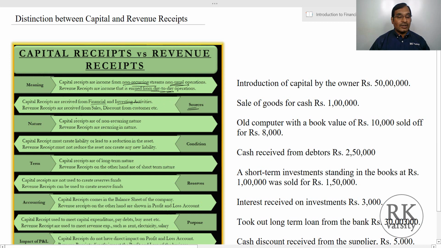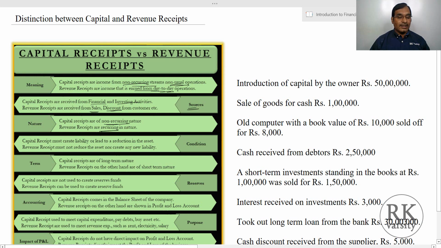Revenue receipts are received from sales, discounts received from customers, and commission received. These are all examples of revenue receipts. The nature is recurring for revenue receipts and non-recurring for capital receipts.